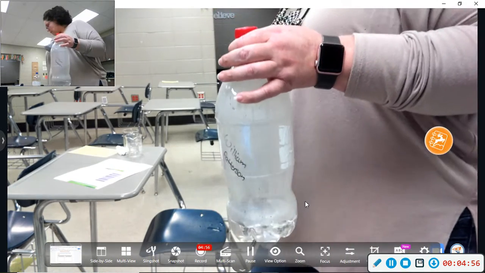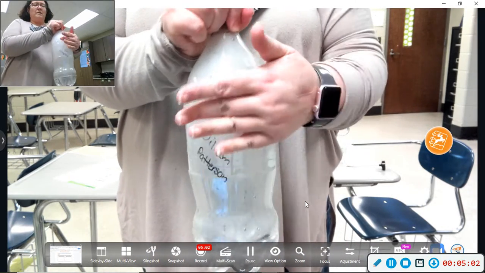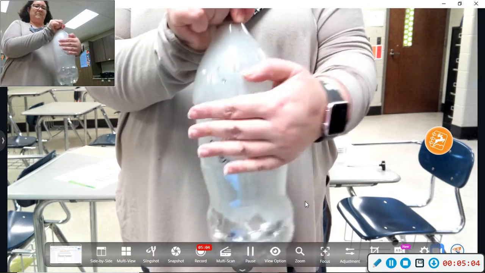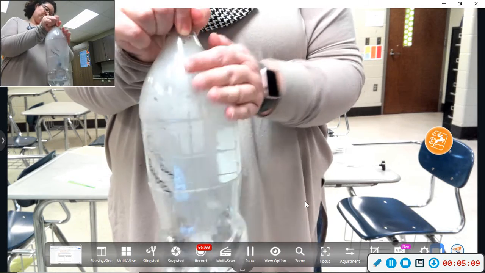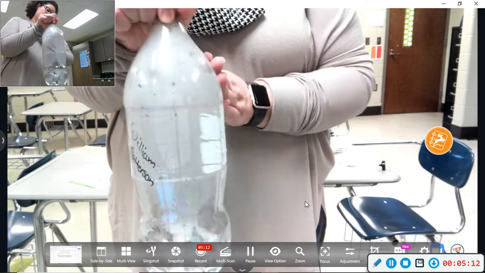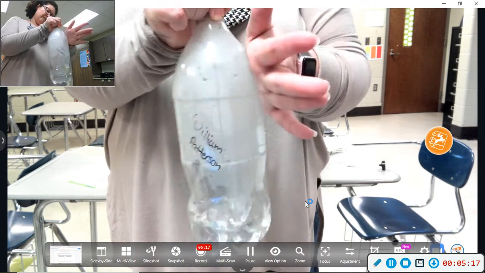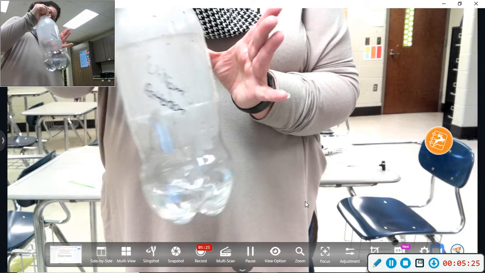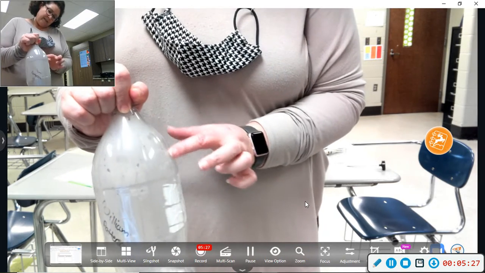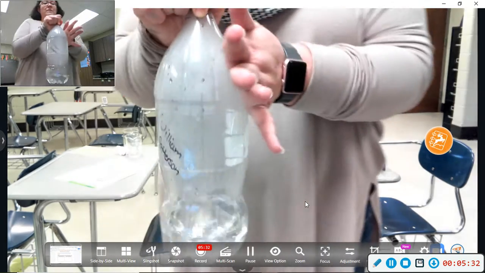And now you rub your palms on the outside of the bottle. You can see some of the condensation and evaporation at the top is kind of clearing up.